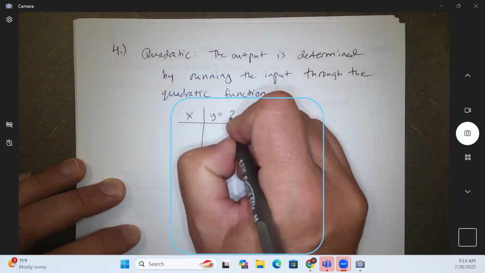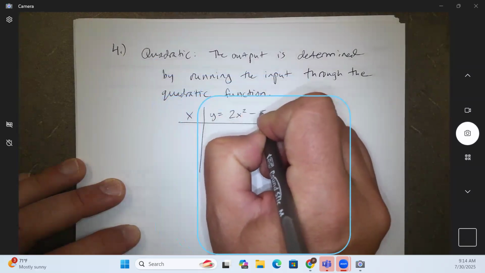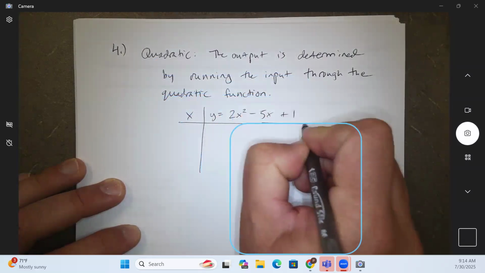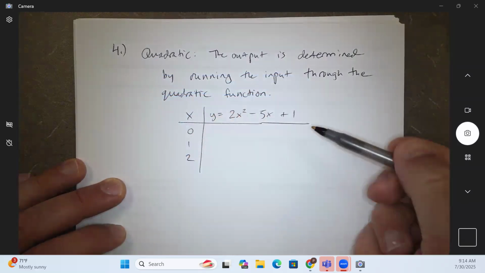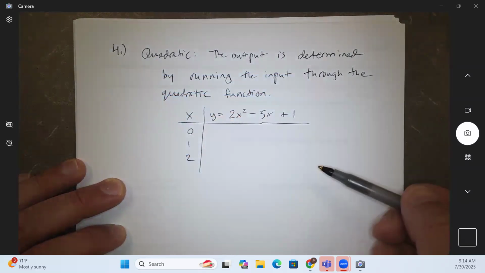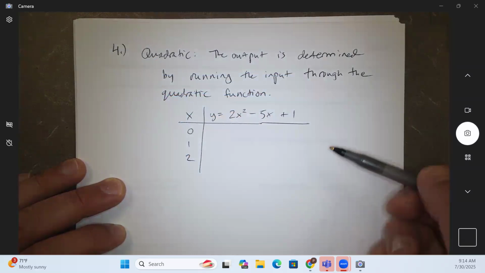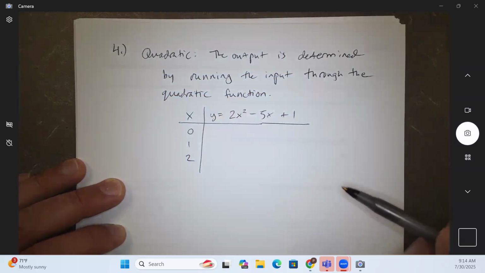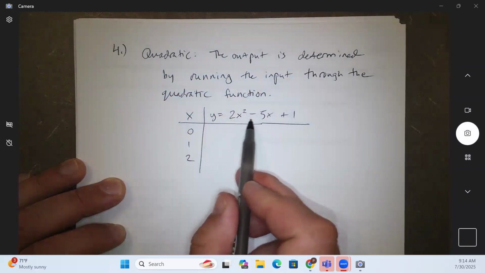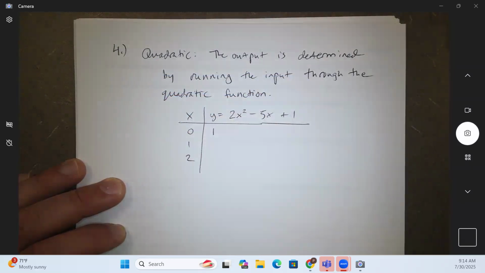But if I have like y equals 2x squared minus 5x plus 1, there's not really this constant change either through addition or multiplication. We really just have to crank it through each time, right? So when x is 0, all this goes away and we have 1 right there.